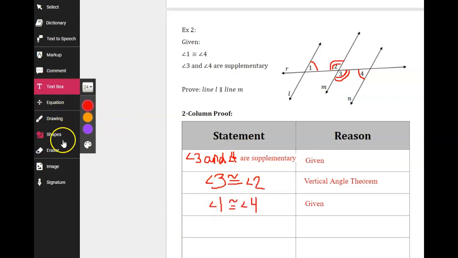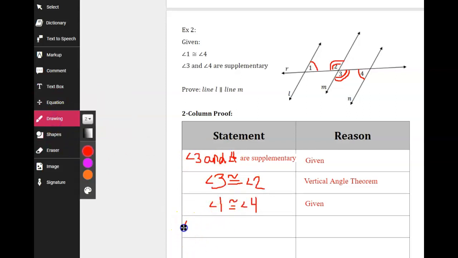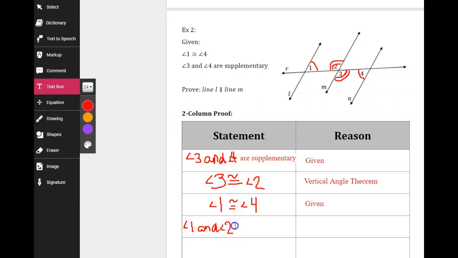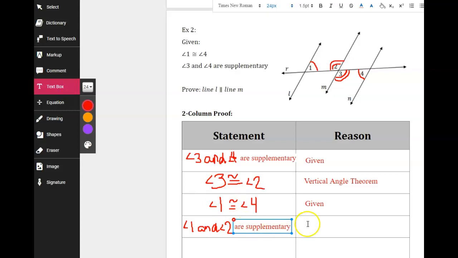So I can say that angles 1 and angles 2 are supplementary. And the reasoning is because I can substitute angles 2 and 3, and I can substitute angles 1 and 4. So that's the substitution property of congruence.